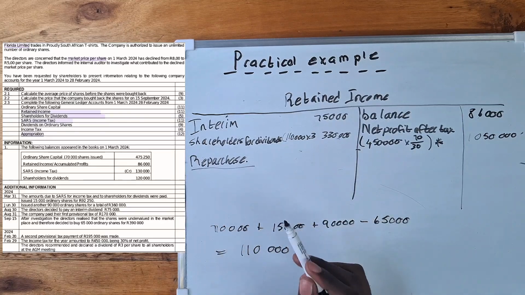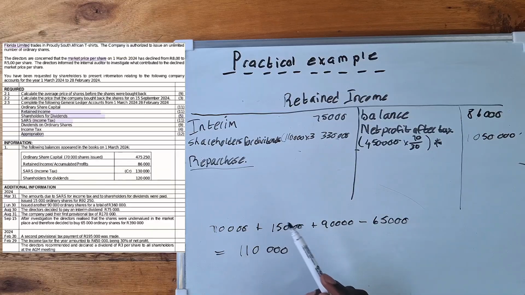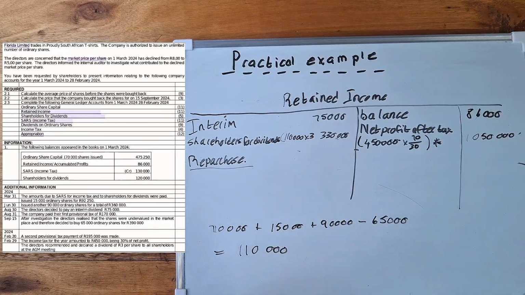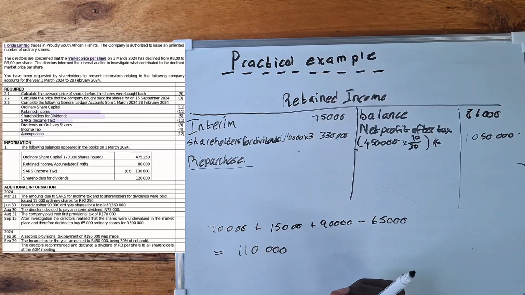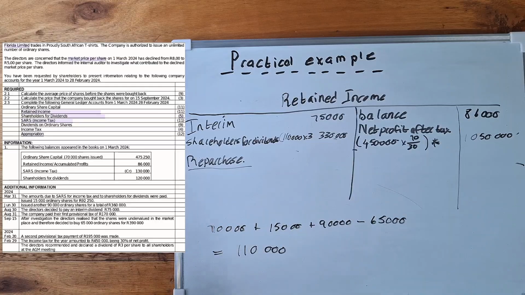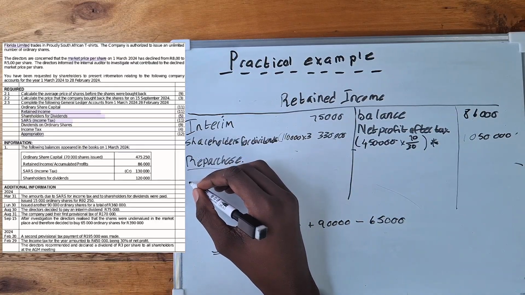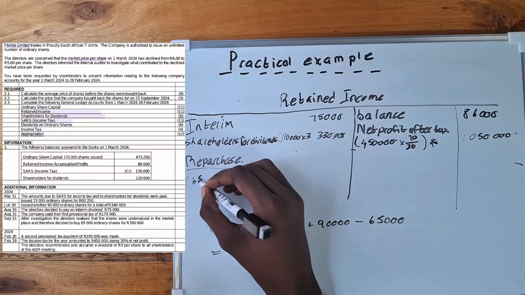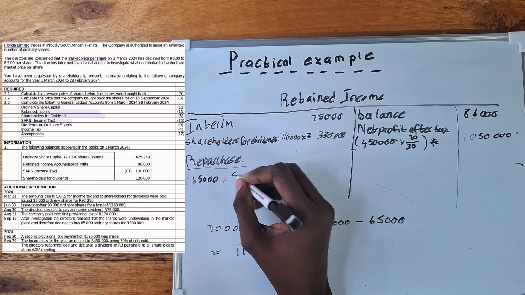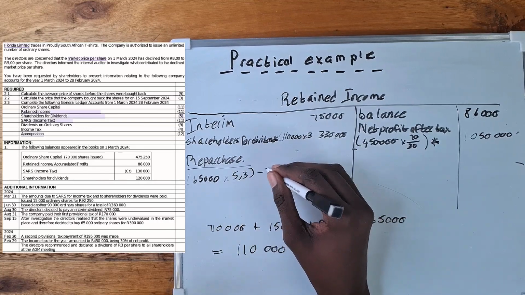Then for the repurchases, right? Now, if you were paying attention at the beginning of the video, I told you that for retained income, when it comes to repurchases, we write the amount which we lost, right? So here it is pretty simple. The amount we lost is basically 65,000 shares times the average share price, which was 5.3, minus the amount that we paid now, right?